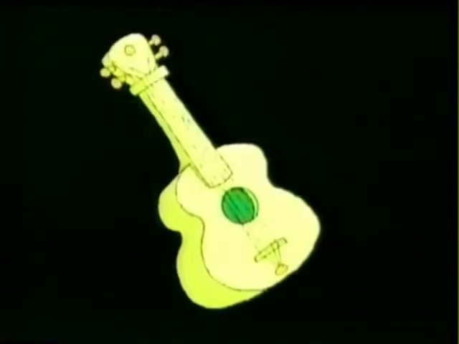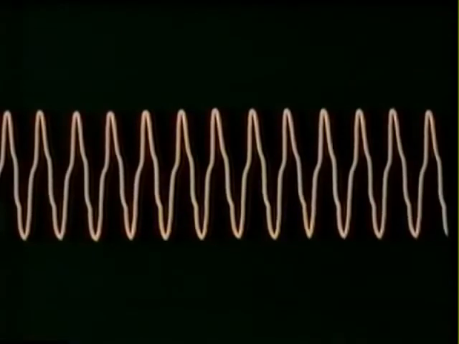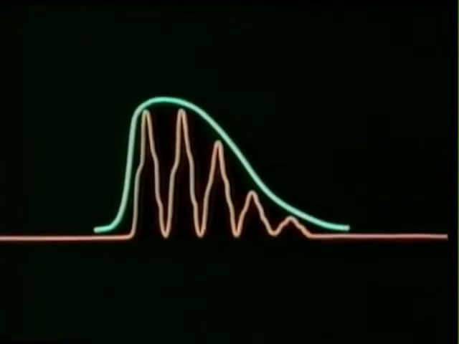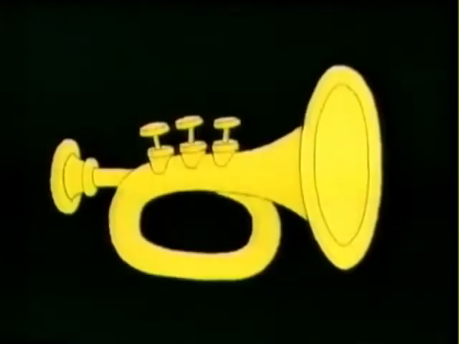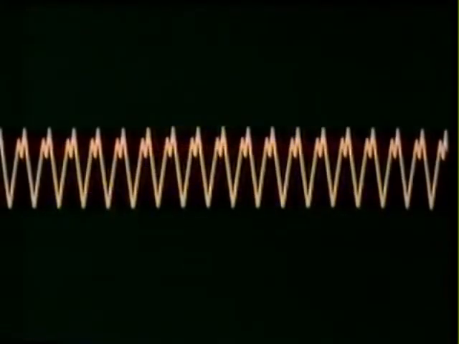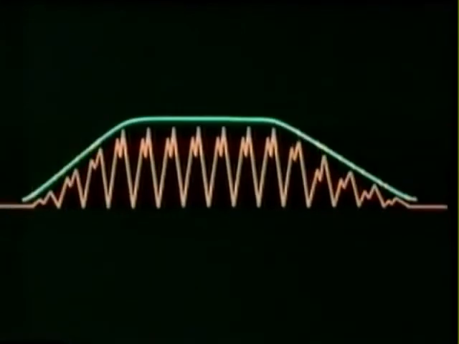This enables you to imitate a guitar, for example, whose notes have a waveform like this and an envelope like this, which starts quickly and fades quickly. Or a trumpet, which produces a waveform like this and an envelope like this, which starts slowly but can be sustained for a long time.